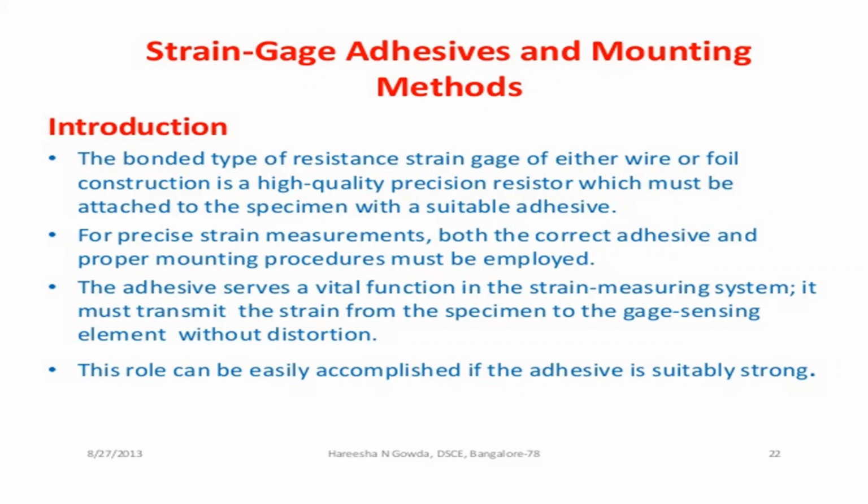So in that, wire type or foil type construction is a high quality precision resistor. Any type of wire or foil is either an unbonded material or a bonded material.